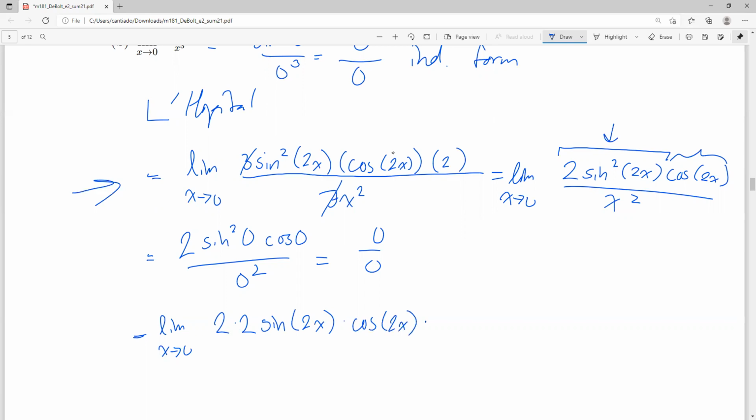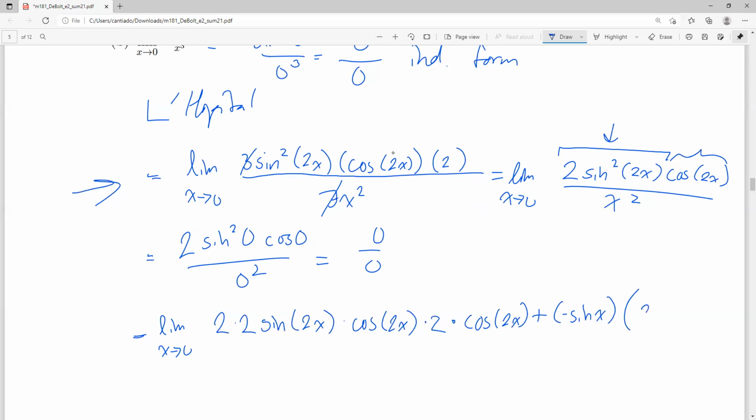Now I have to multiply this whole thing by the derivative of the inside, which is 2x, so times 2, right? And that completes the derivative of the first function. Now we multiply this whole thing by the second function, so times cosine of 2x, plus the derivative of the second. The derivative of cosine is minus sine of x times the whole original.